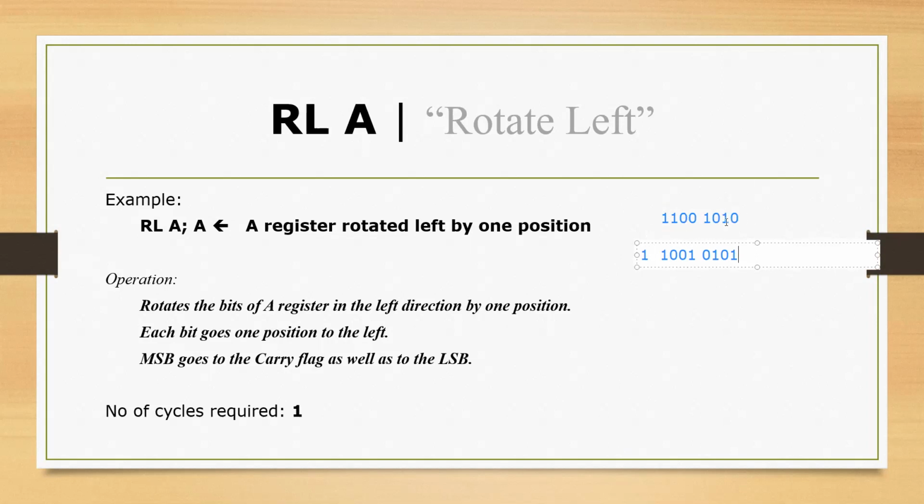So every bit is shifted 1 bit position to the left, and the MSB bit goes to the LSB. That is the rotation. Also, a copy of this bit goes to the carry flag. So this 1 bit goes to 2 places: to the carry and also to the LSB.